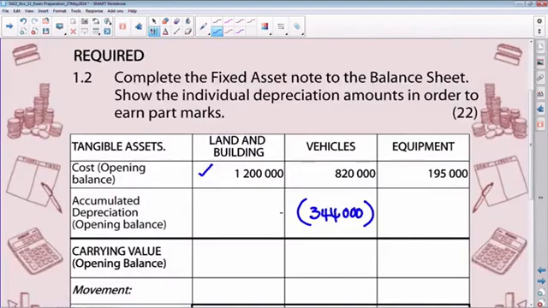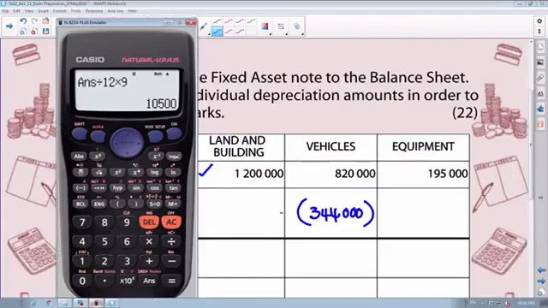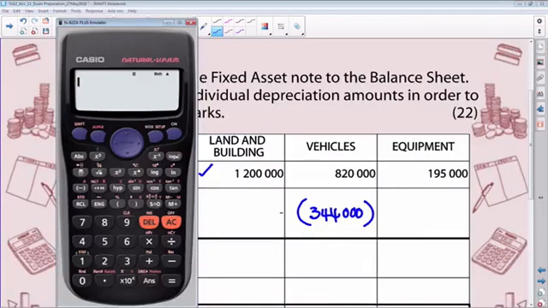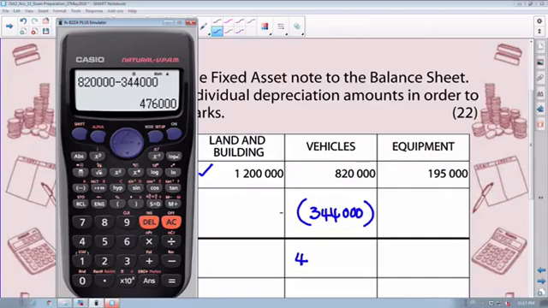I would then take my calculator and take the amount of 820,000 minus 344,000 accumulated depreciation to give me a carrying value of 476,000 rand. Okay? That's my carrying value when? At the beginning of the year.